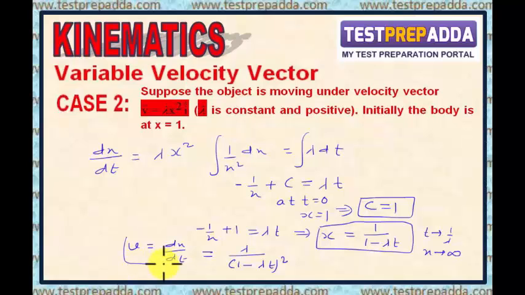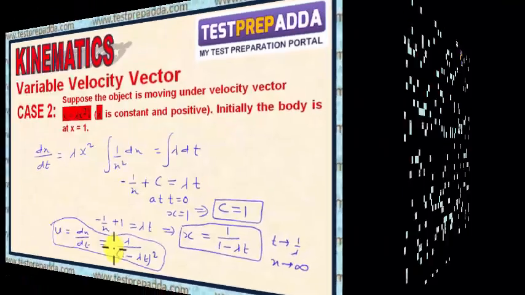So we are getting this velocity as a function of time. This is very, very important, and this will help you in finding acceleration that we will discuss in the next video lecture. Got the idea? Thank you.